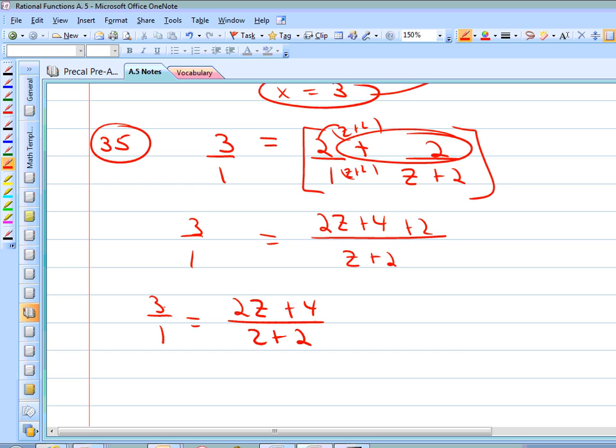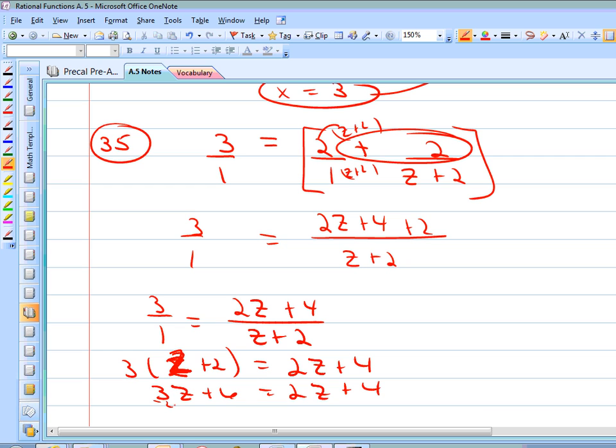All right, so we're going to cross multiply, and we're going to go 3 times z plus 2, and then we're going to go equals 1 times our 2z plus 4. So that would be 3z plus 6 equals 2z plus 4.